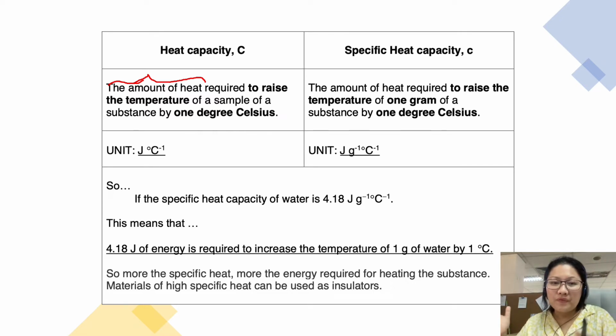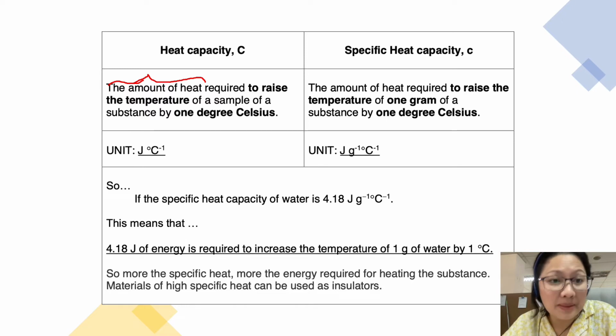So for heat capacity, you want to find out how much heat is required to raise the temperature of a sample of a substance by 1 degree Celsius. And the symbol for heat capacity is big C, large C.